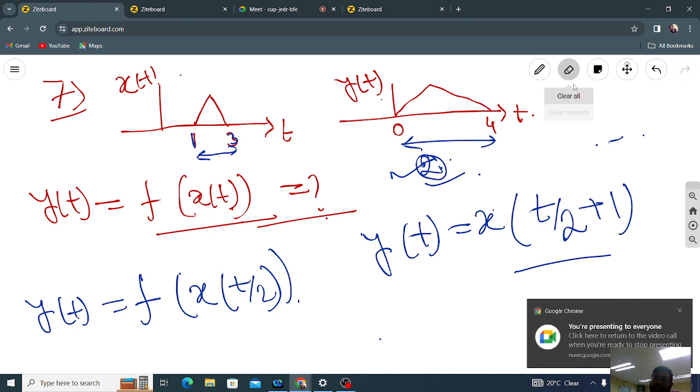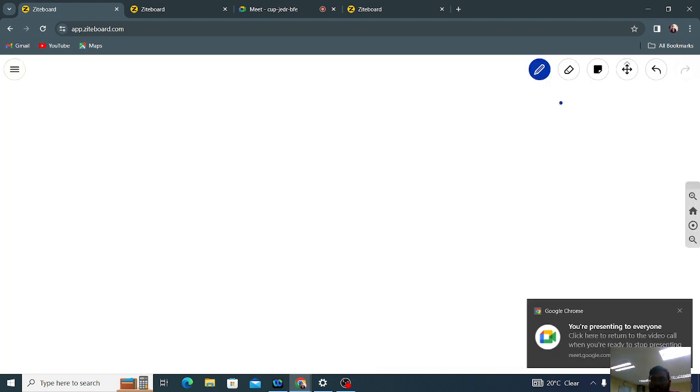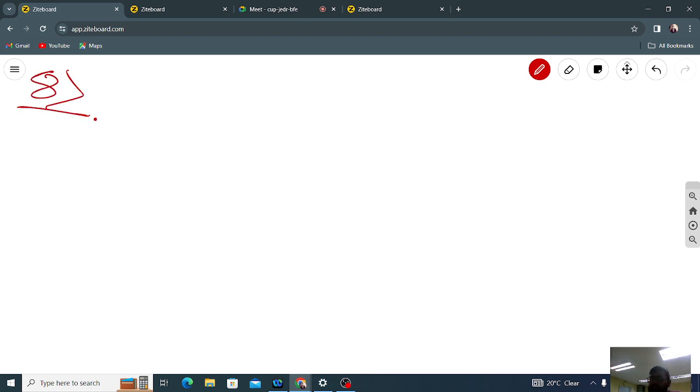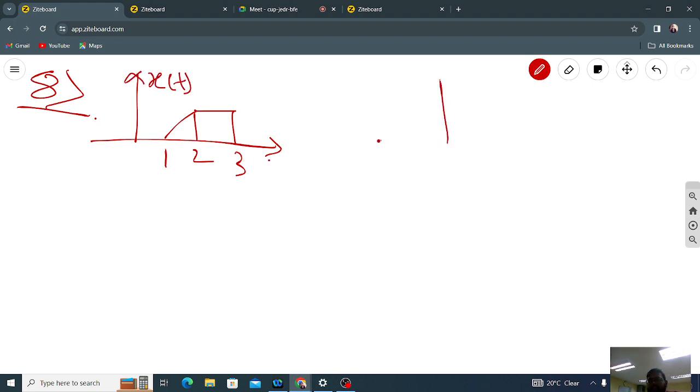Okay, the next question. Again I am giving you two figures. One is from 1, this is 2, this is 3, this is x of t and this is y of t.